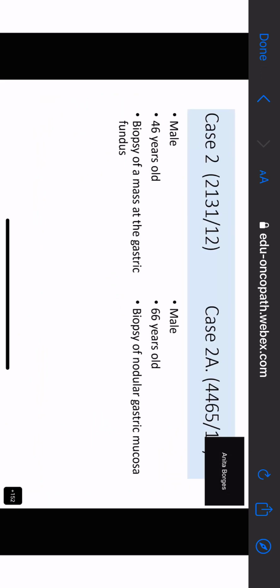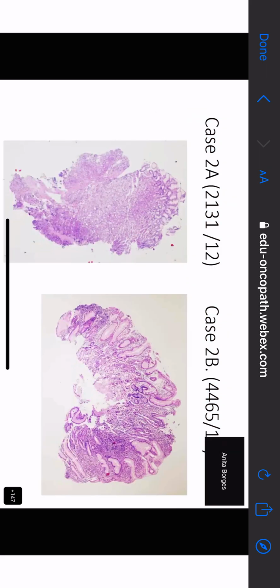Come on, Suveta, take this case. Case number 2. 2A is for a 46-year-old male, biopsy of a mass at the gastric fundus. The other side, it's a 66-year-old male with biopsy of a nodular gastric mucosa. Very good. Come on.